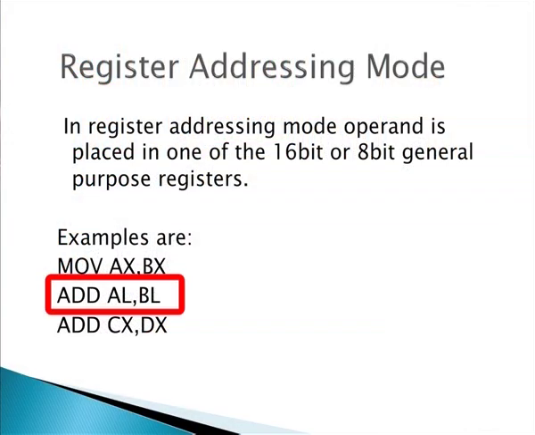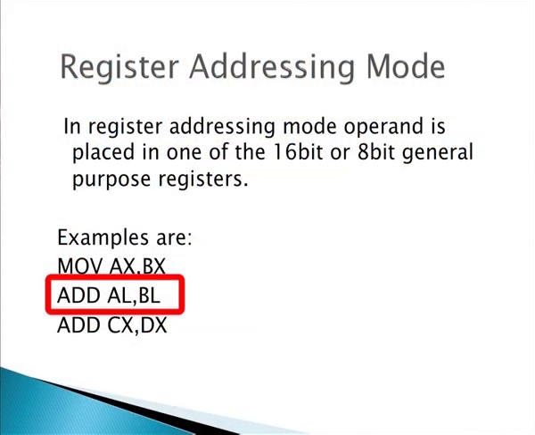Similarly, another example for register addressing mode is ADD AL, BL. Here AL and BL are parts of the 16-bit registers AX and BX. AL means only 8 bits of AX, that is the lower part of AX. Similarly, BL means only 8 bits of BX, that is the lower part of register BX.